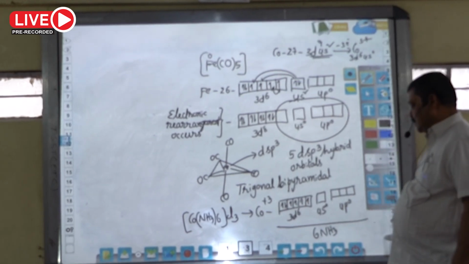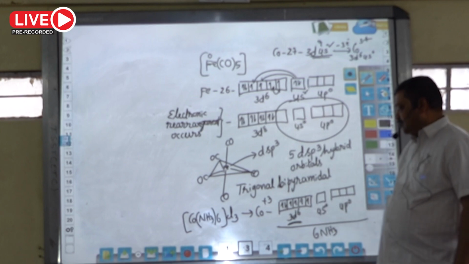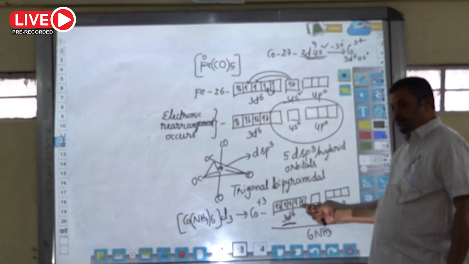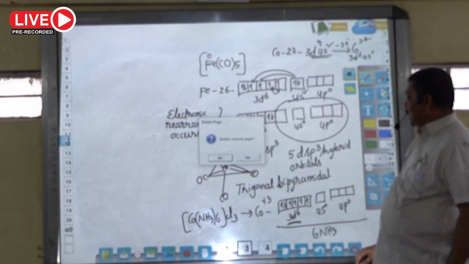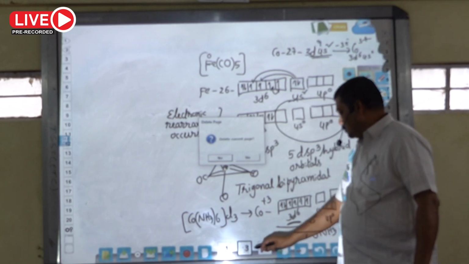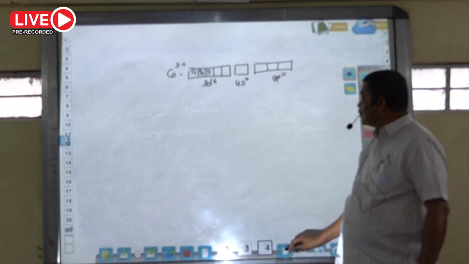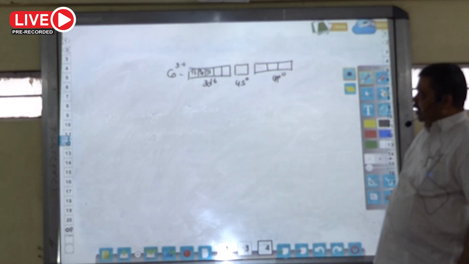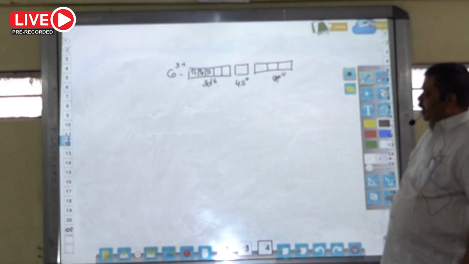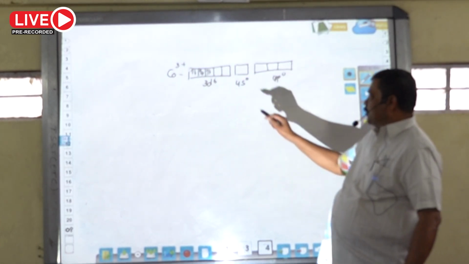Look at this: in these 3d6, 4 single electrons become 2 pairs. That is what I have shown here. So after electronic rearrangement, cobalt 3+ has a configuration of 3d6, 4s0.